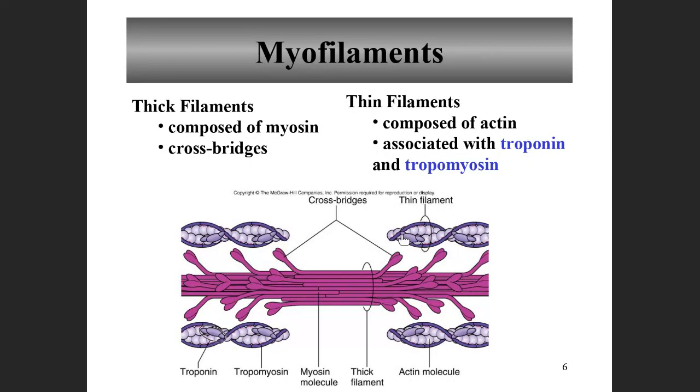Now, surrounding the actins are troponin, which is this component here, and tropomyosin you see here. The troponin component is the one that binds to calcium. In the presence of calcium binding to troponin, it pulls tropomyosin out of the way. Now the myosin binds to it. So make sure you know troponin is the one that binds to calcium, not tropomyosin.